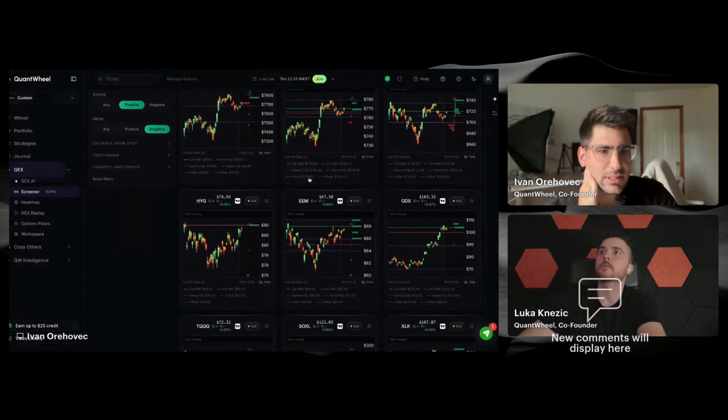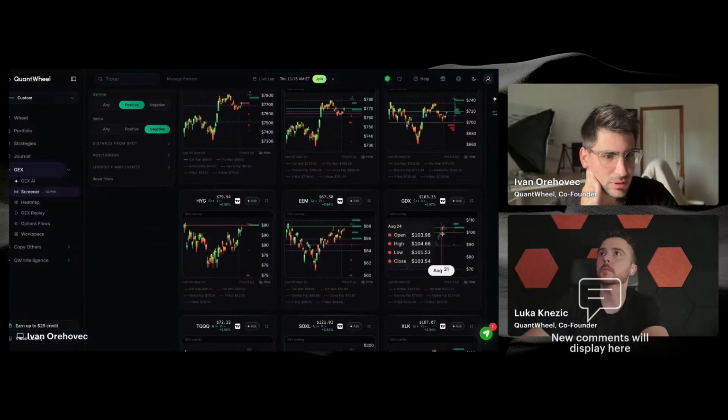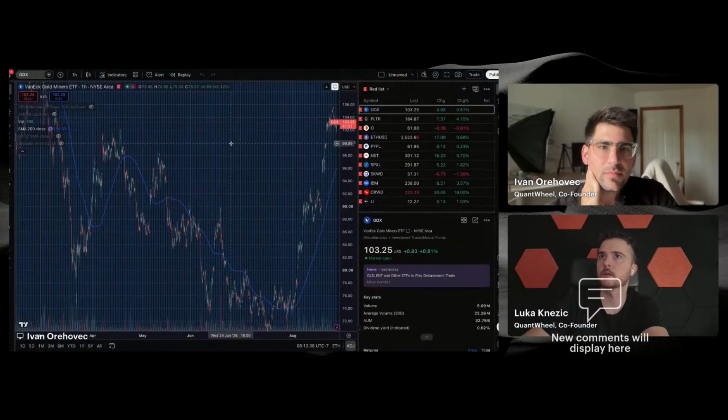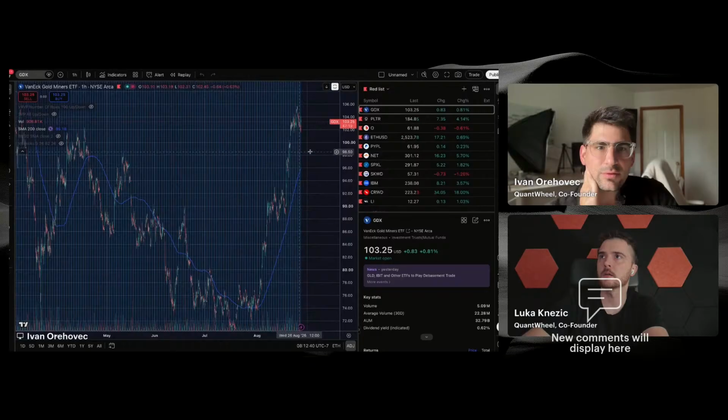So let's say you like GDX, for example, and you see the levels, but you want to see it better and expand the trading. You can just click open in TradingView now, and it's gonna open this view.